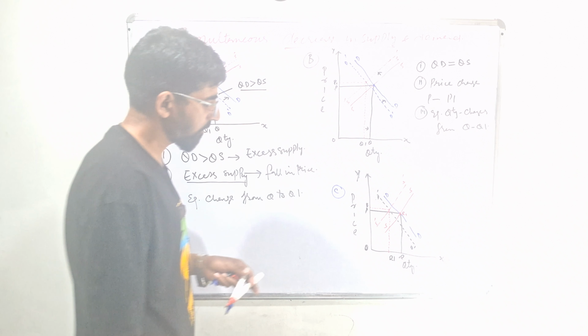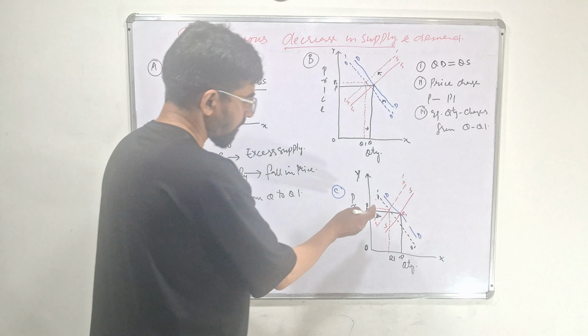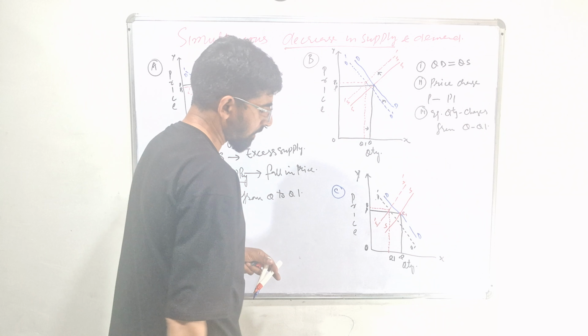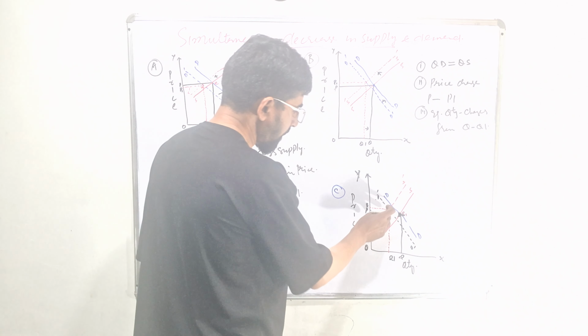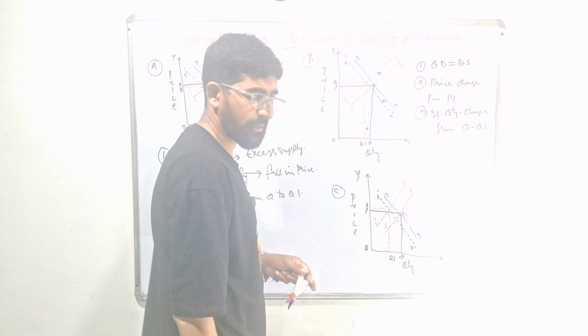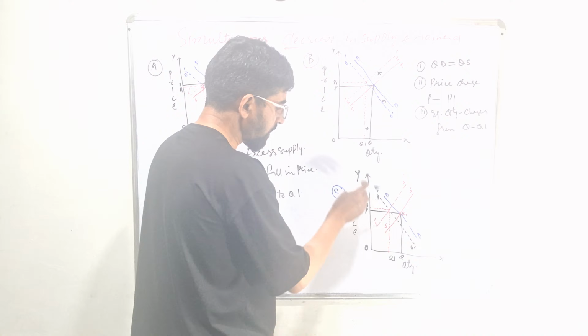What is the effect? When simultaneous changes in quantity supply and quantity demand take place, be it a decrease in supply, then definitely, due to the decrease in supply, there is excess demand. Excess demand will lead to a rise in price.